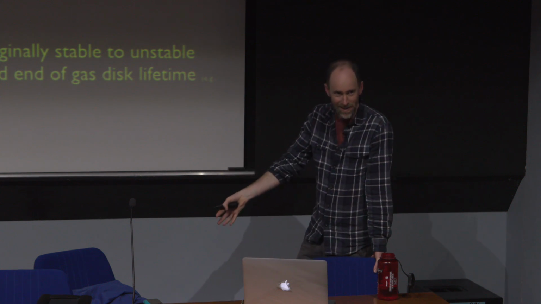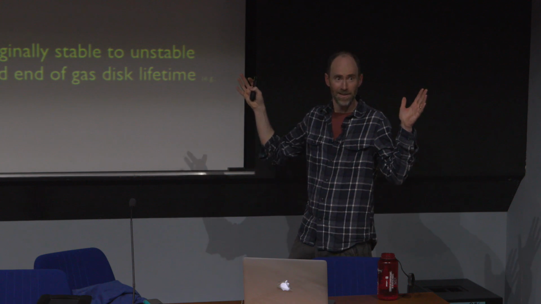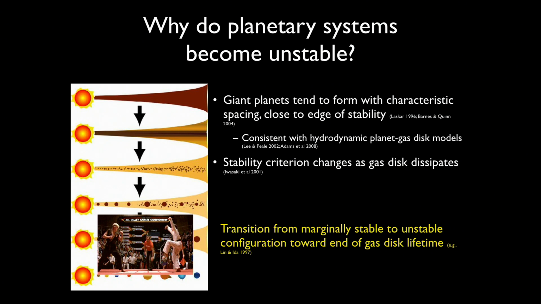When the gas goes away, when the teacher goes away, that's the trigger for things to go nuts. So that's the natural trigger for instabilities: when the gas disk dissipates. And that's part of what is so weird about models for the solar system with a late instability, because it's hard to explain a late instability. It's much simpler to understand why instabilities happen early.